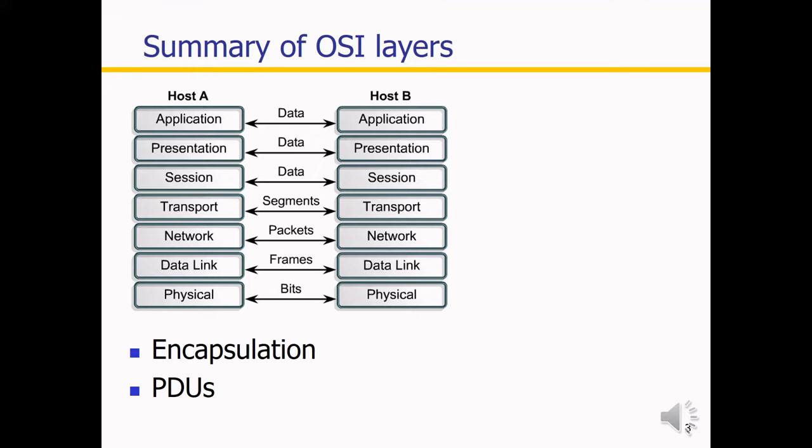Additionally, we looked at what the data units in each of these layers are called. So when the data is being passed down from application, presentation, and session layer, data is still called data. But when this data goes to the transport layer and the transport layer segments the data, each of these pieces is called a segment.